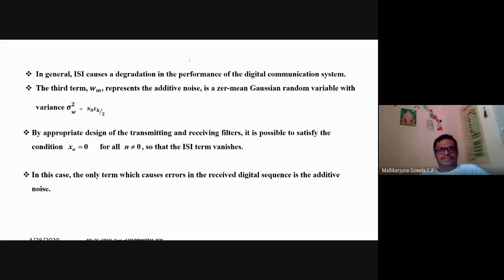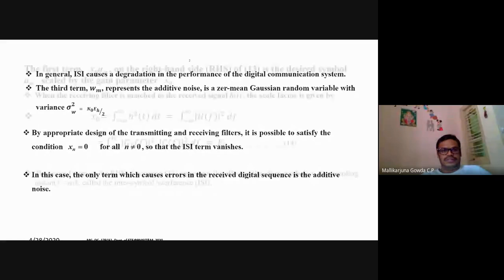So what we have considered in this discussion is that the only term which causes errors in the received digital sequence is the additive noise. If I design a proper transmitting and receiving filter that satisfies this condition, xn equal to 0 for all n not equal to 0, then that second term vanishes, and the error in the received symbol is due to only this additive noise.